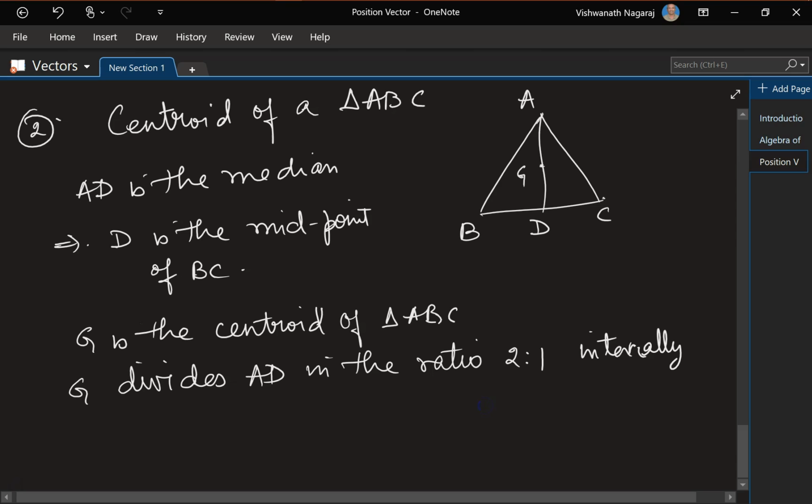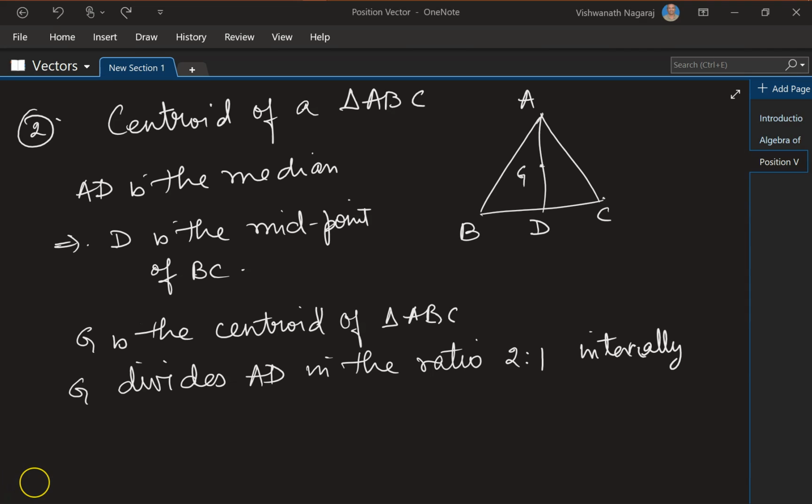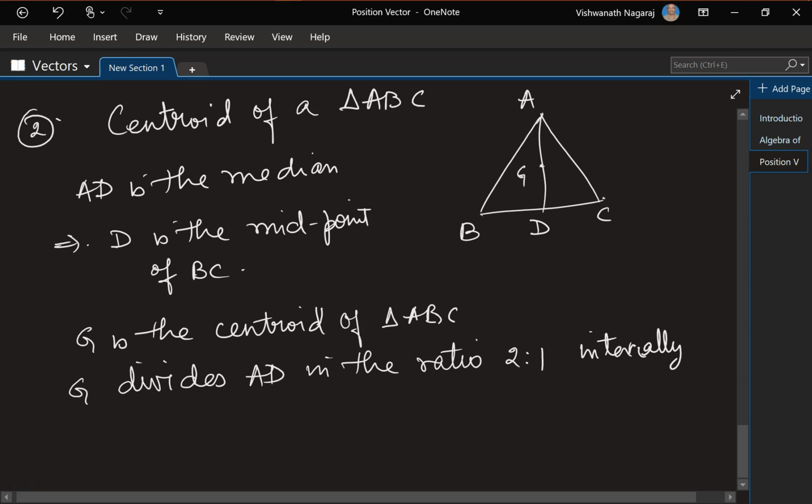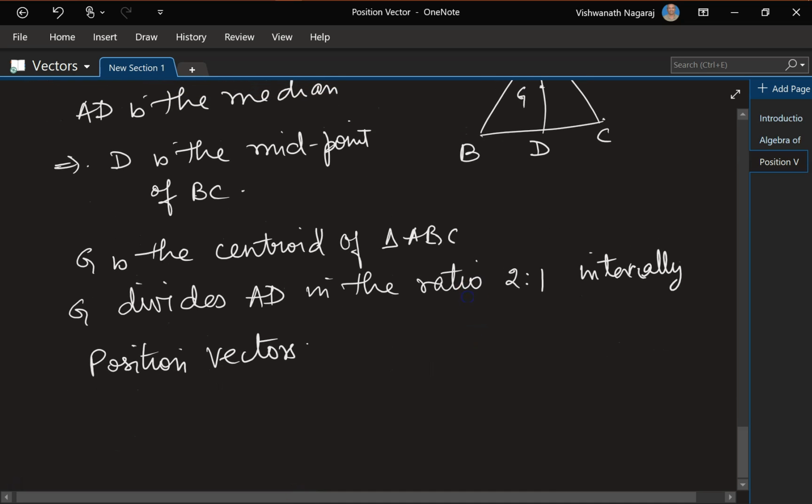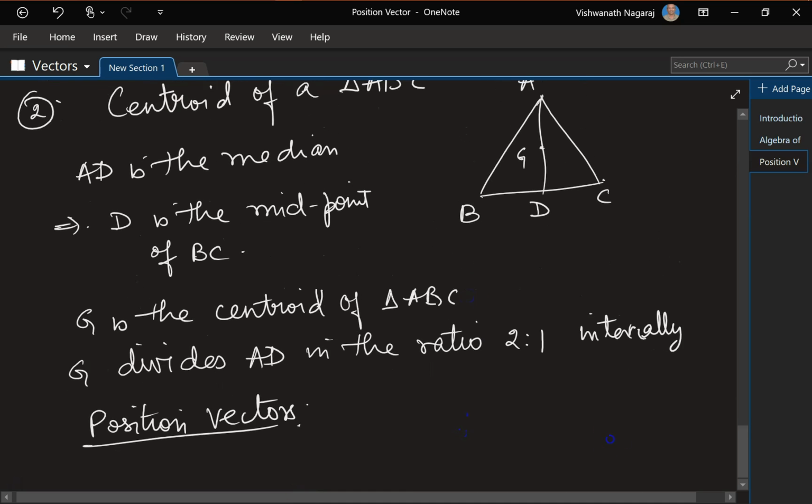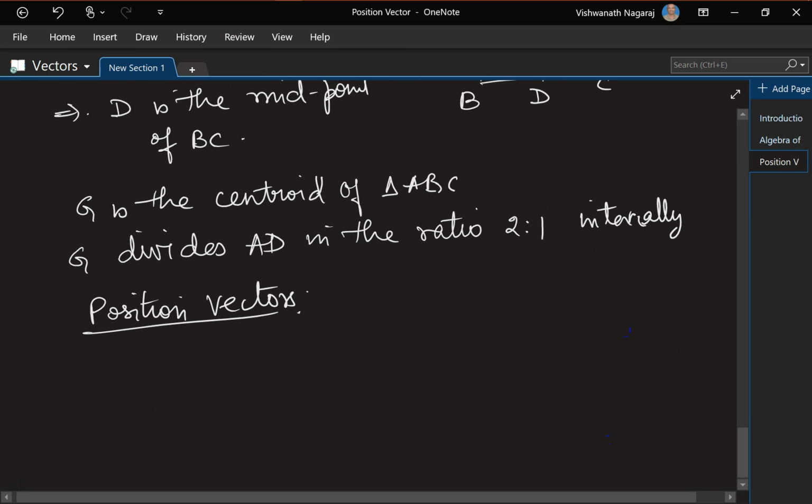But once you know that much, then we can come out with a formula for this centroid. Now, let's look at position vectors. Every time you don't necessarily have to put that O in the diagram. Just remember, it's a fixed point somewhere, and you just have to look at a vector from that point of reference to the point which we are interested in.